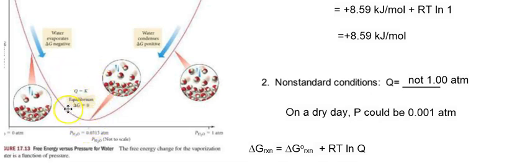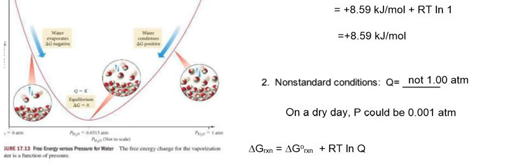Q equals K, and you are at equilibrium. So what does that mean? You're at the lowest possible part of this curve. Here with the pressures, we have the optimal pressures for equilibrium to occur. So you have the same amount of liquid evaporating as you have gas condensing. That's what's going on right here.